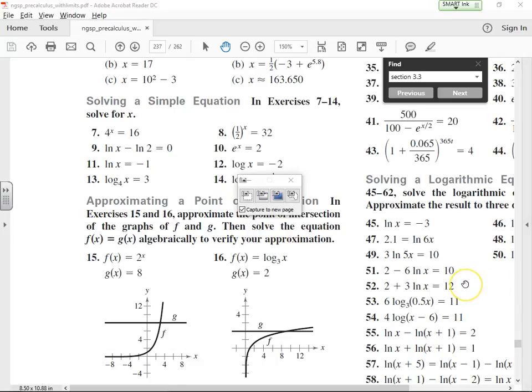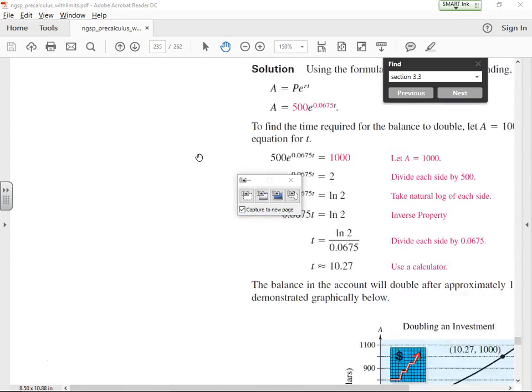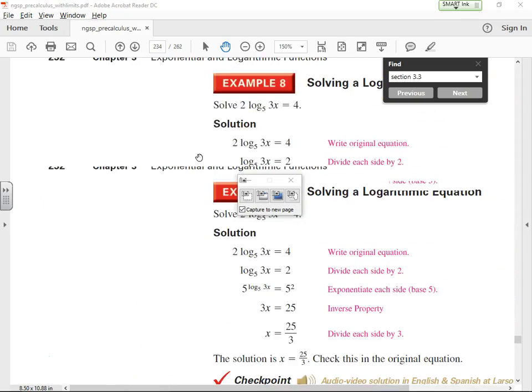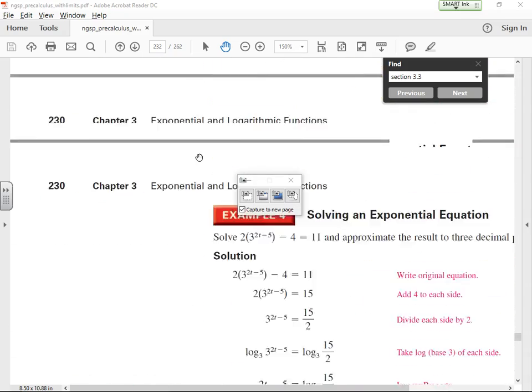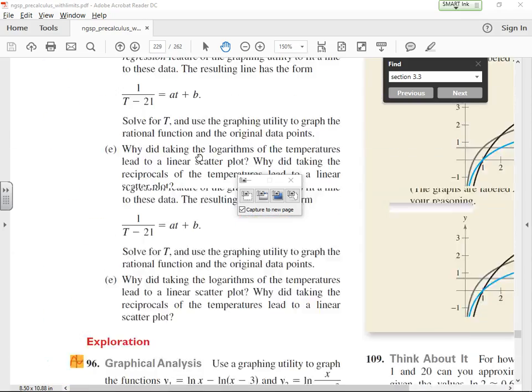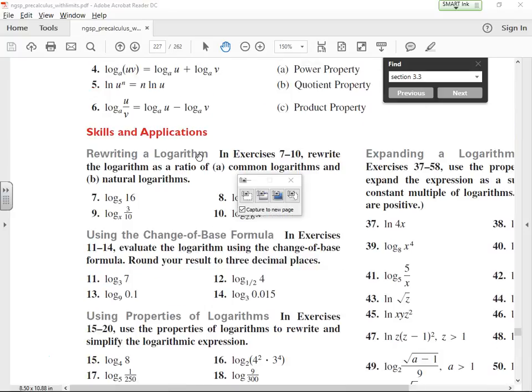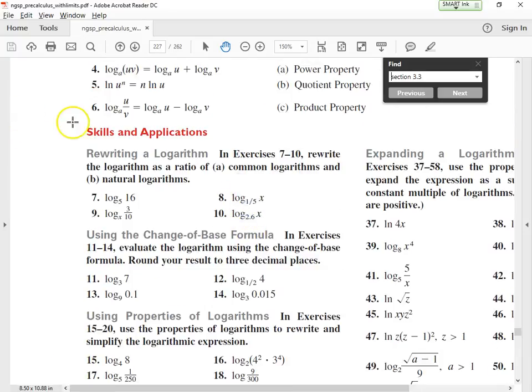Wait guys, is this section 3.3? No, this is wrong, right? Ah, it's 3.4. I didn't think it looked right. There we go. Ricky, this was your number 9, right? Yeah, I got it now.